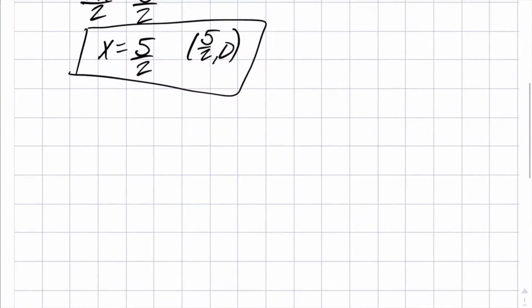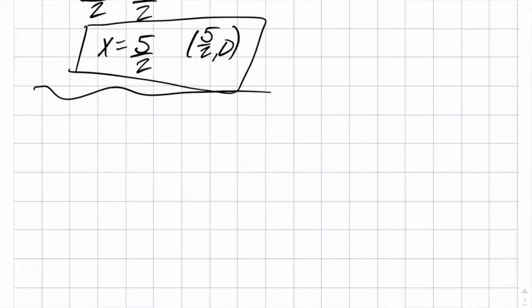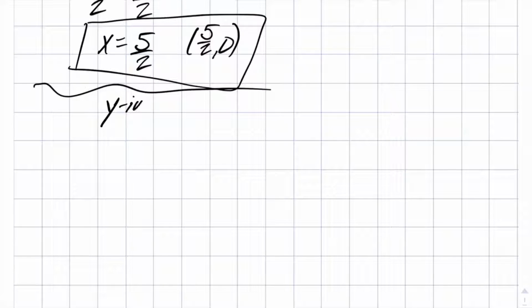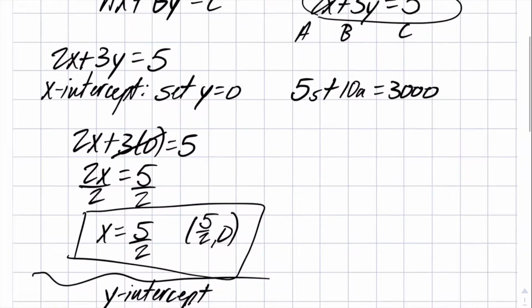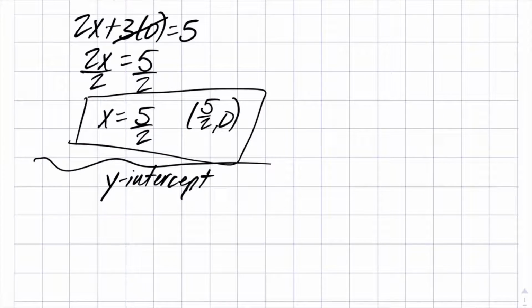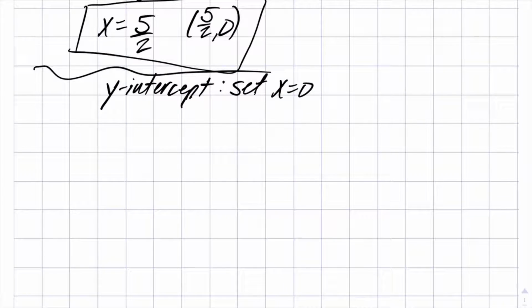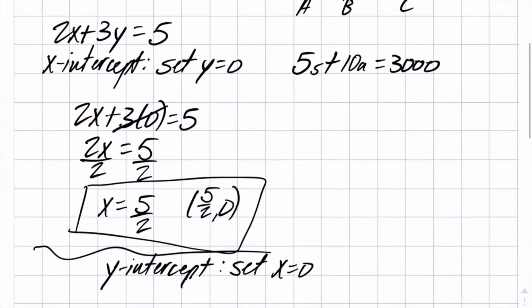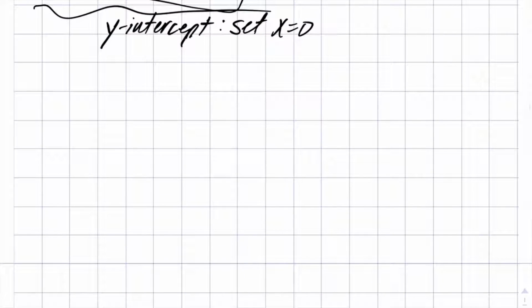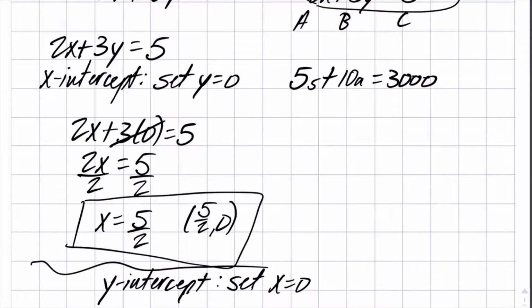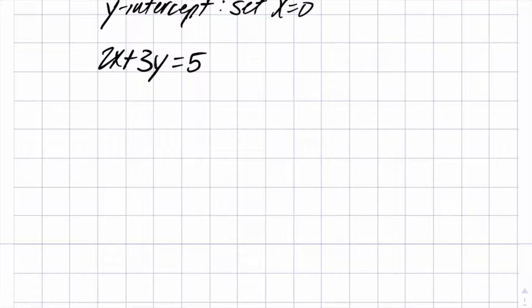Now, the y-intercept is very similar. For the y-intercept, we're going to set x equal to 0. So, what's our equation again? 2x plus 3y equals 5. Set x equal to 0.